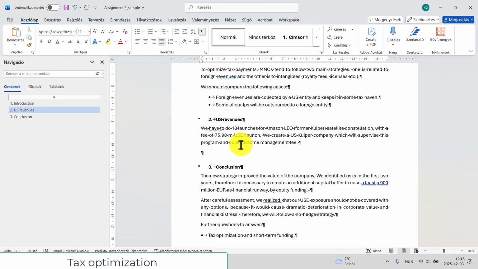So this is how we can tap this contract.